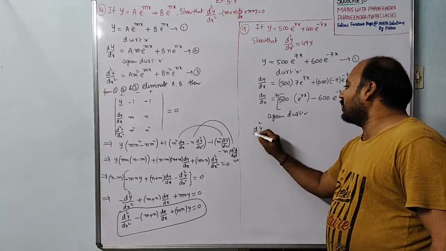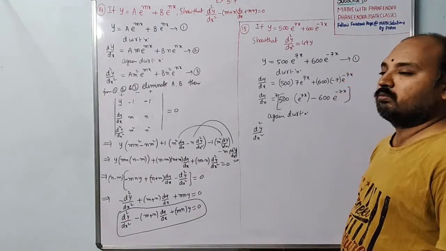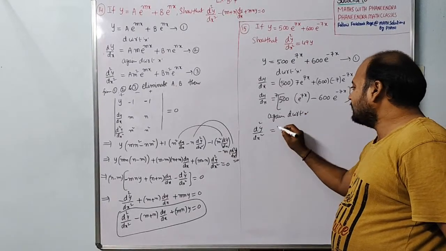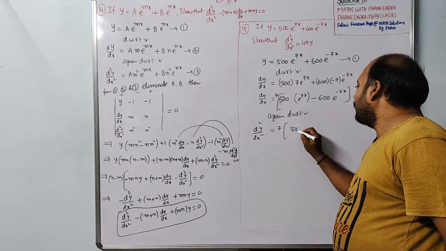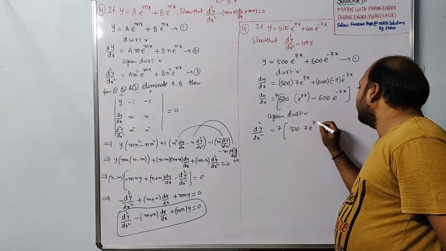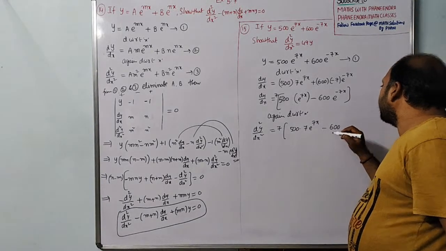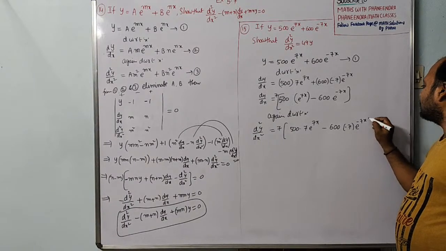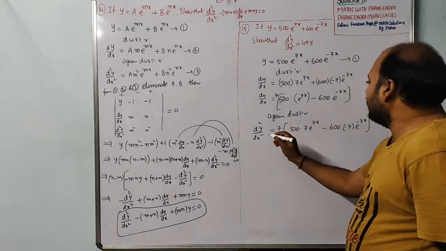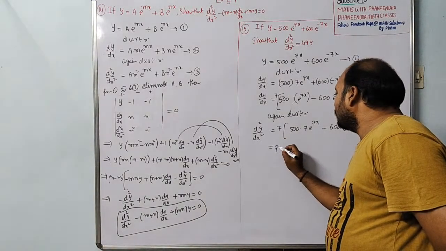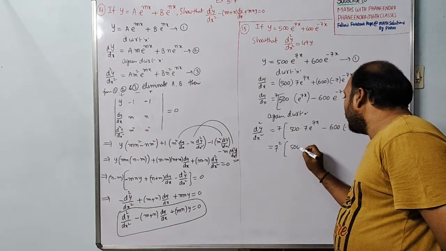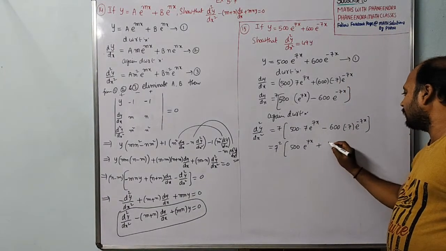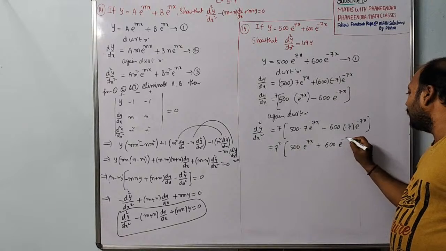D square y by dx square, okay, is equal to 7 into 500 into 7 e power 7x minus 600 into e power minus 7x is minus 7 into e power minus 7x. 7 take out common. 7 square into 500 into e power 7x plus 600 into e power minus 7x.